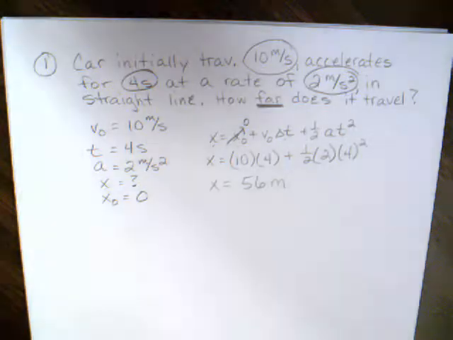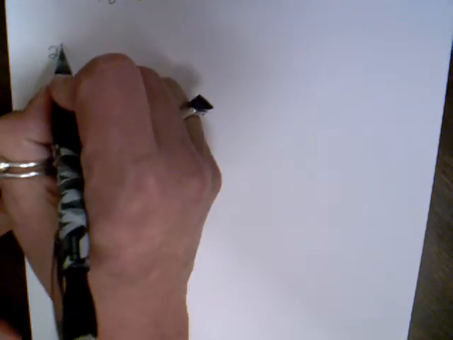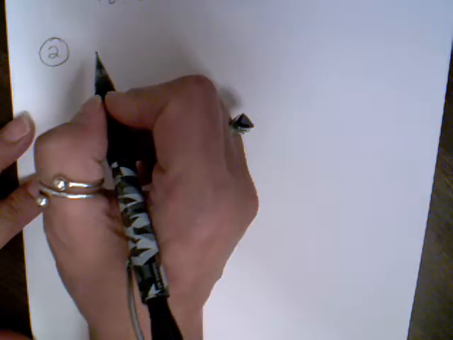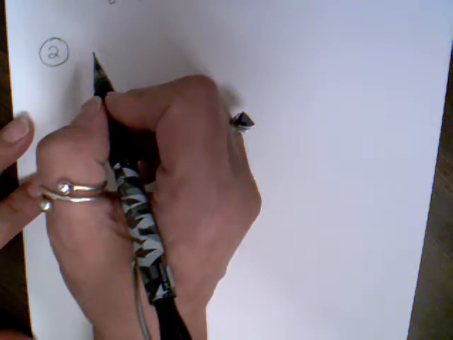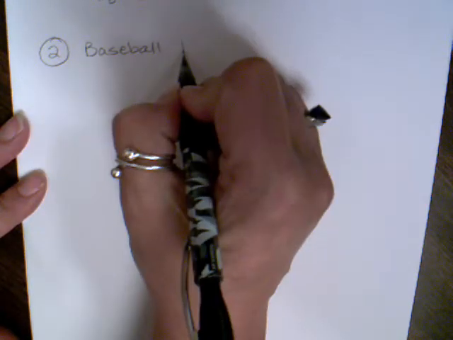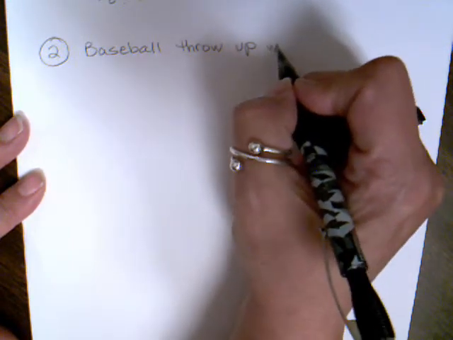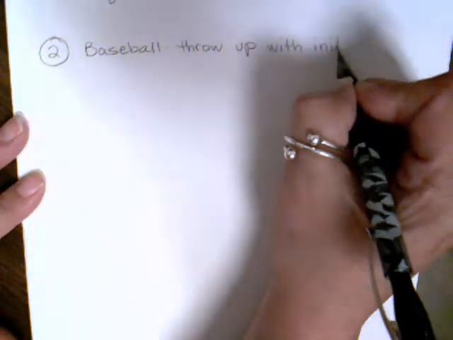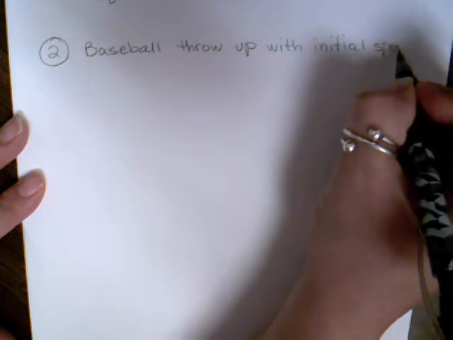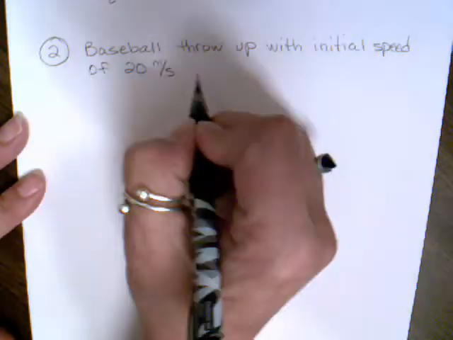Let me do one more example for you. Number 2. I have a baseball thrown up with initial speed of 20 meters per second.